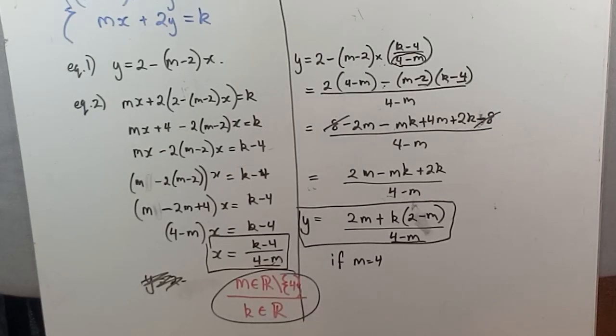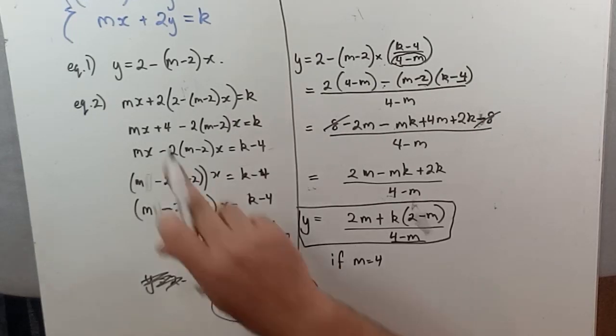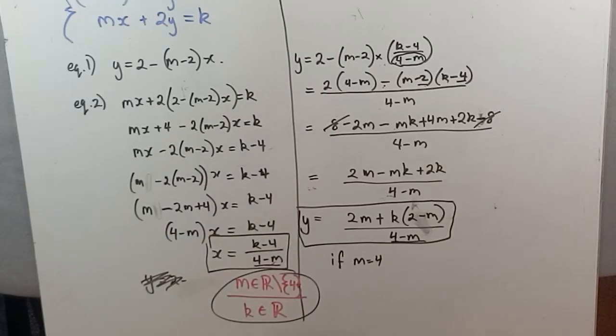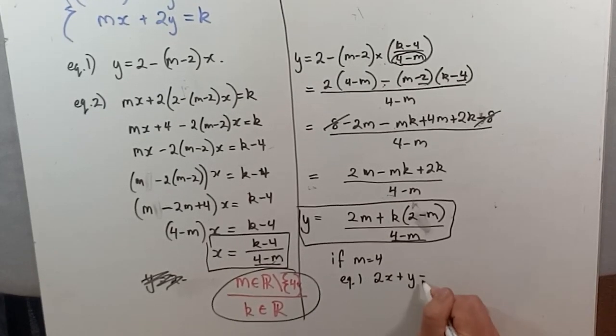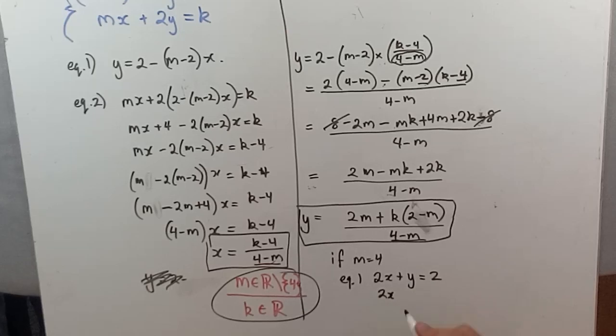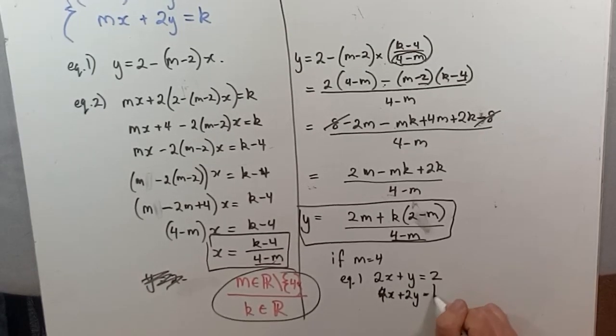So let's put 4 in for m into our equation up the top. For equation 1, if m equals 4, I get 2x plus y equals 2, and 4x plus 2y equals k.